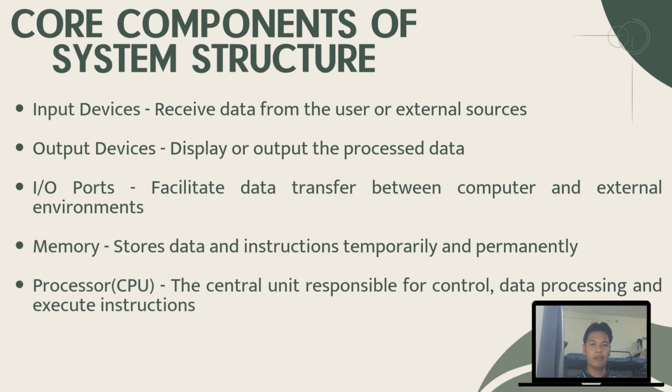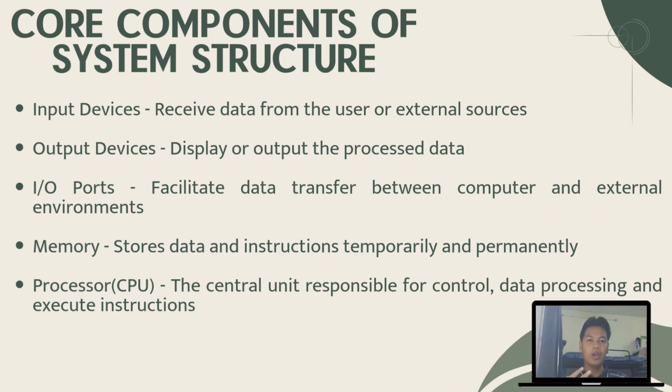So actually, we have 5 types of core components of system structure. The first one is input devices, which function to receive data from the user or external sources. Number 2, we have output devices to display or output the processed data. Number 3, we have I/O ports to facilitate the data transfer between the computer and the external environment.